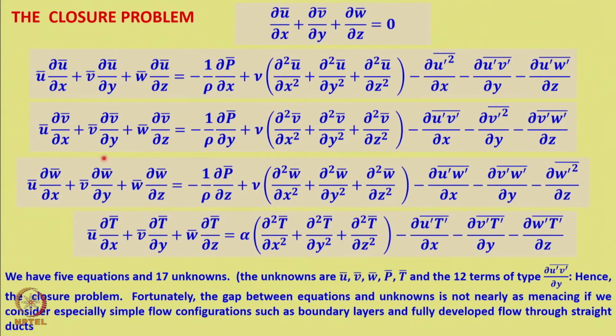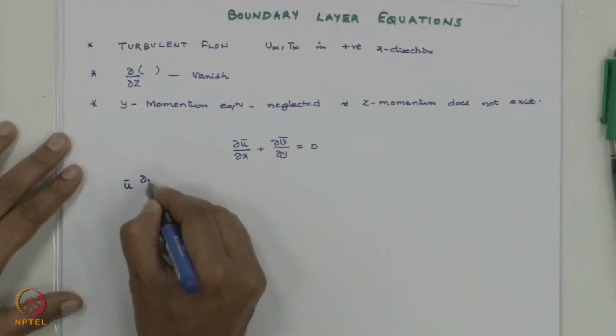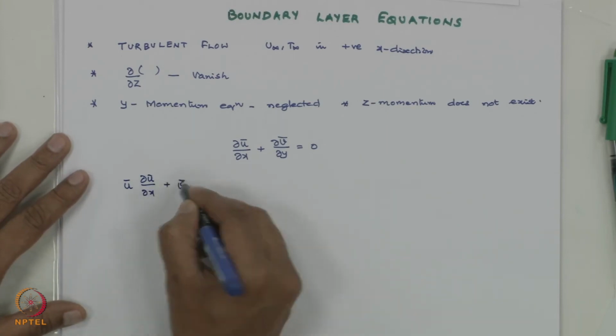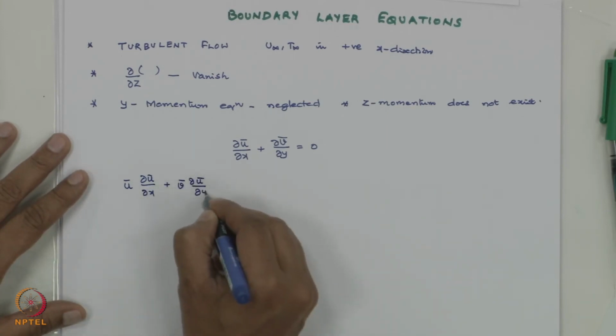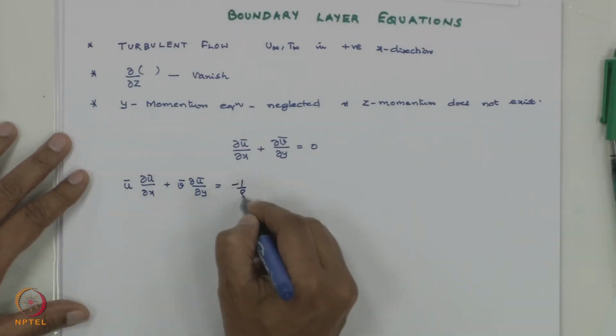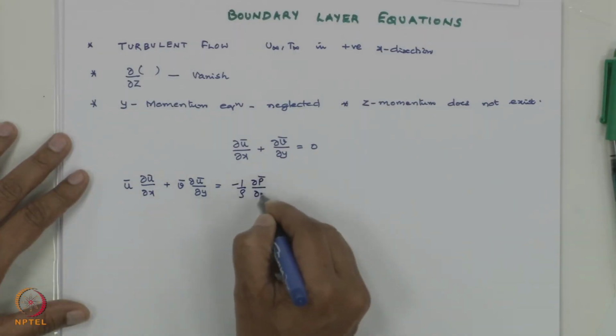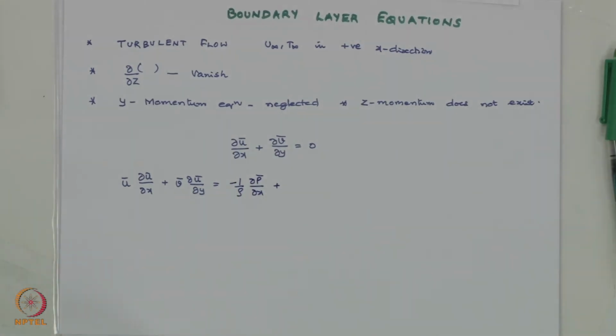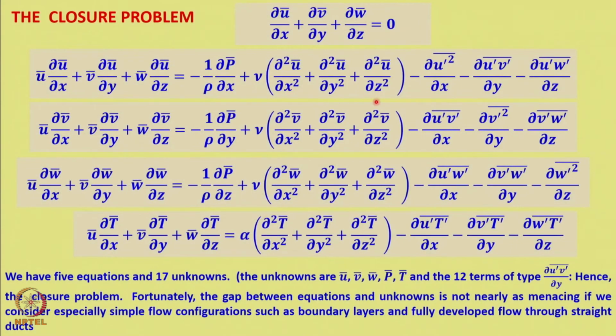So you get u bar del u bar by del x plus v bar del u bar by del y equal to minus 1 by rho del p bar by del x plus, among the viscous terms in x and z, z does not exist, and the scale of x is greater than the scale of z.